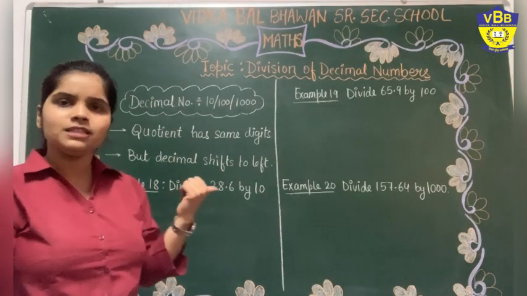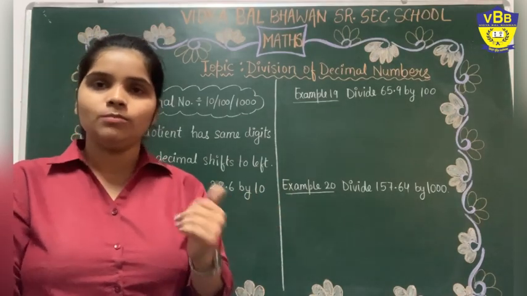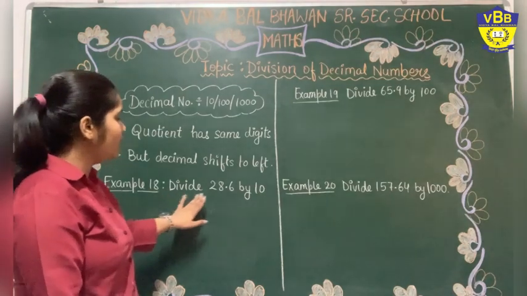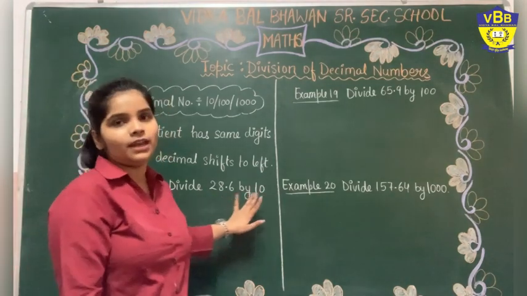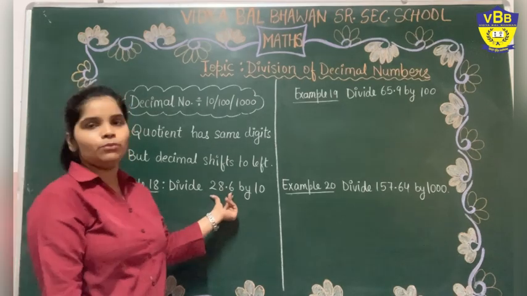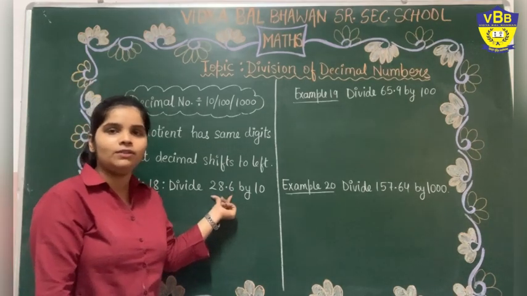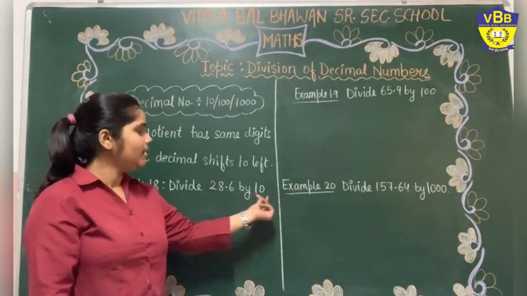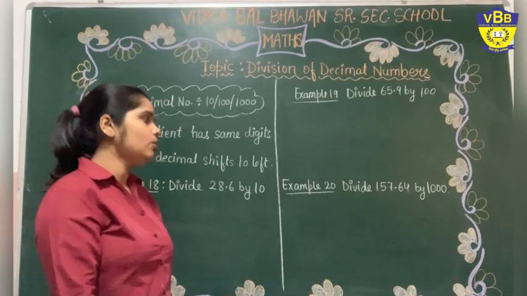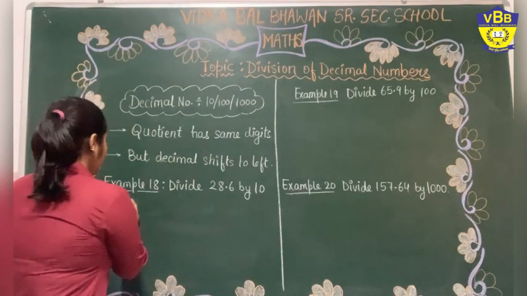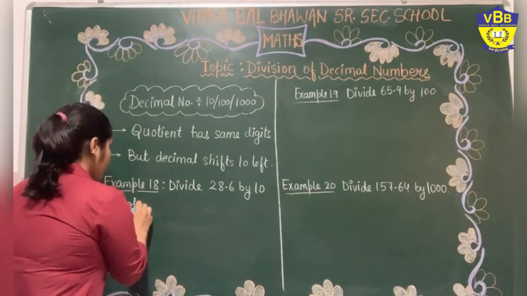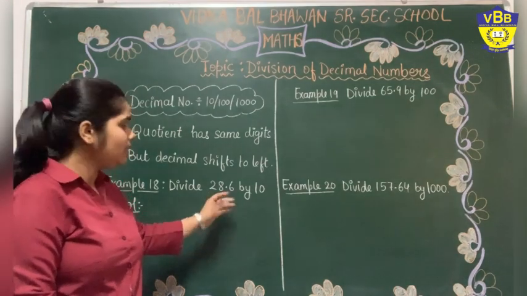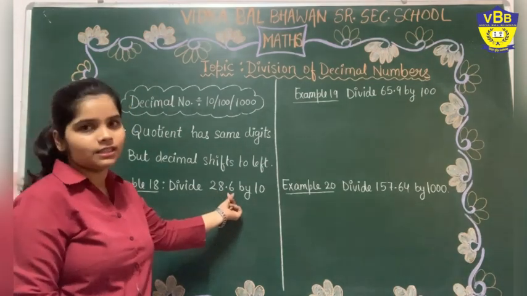So, let's understand this concept with some examples. Example number 18: divide 28.6 by 10. This is a decimal number having digits 286 and you need to divide it by 10. So, how will you divide? When you divide this number, the quotient will have the same digits 2, 8 and 6.